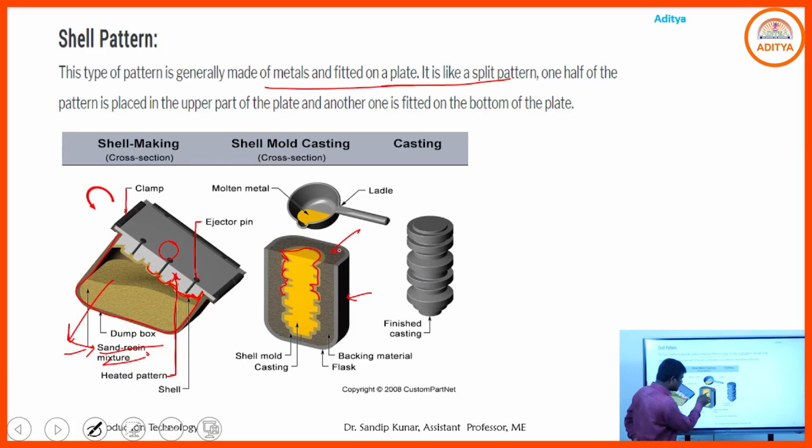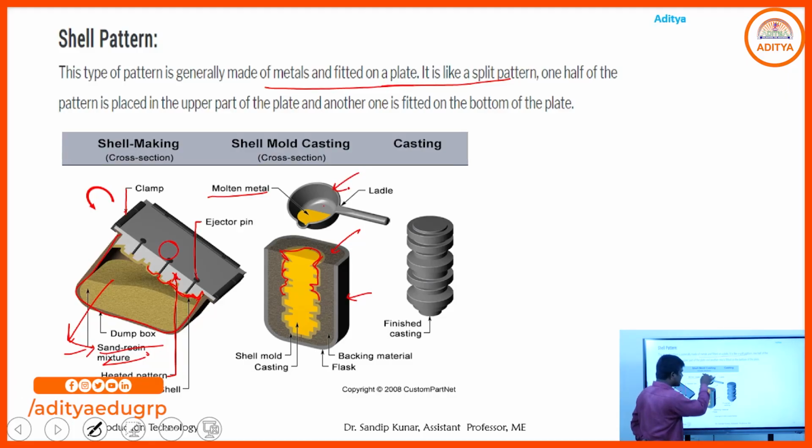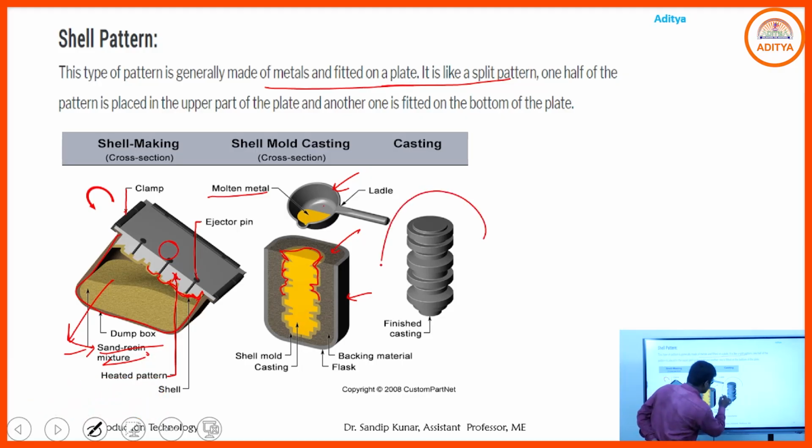After preparing that cavity, we pour the molten metal from the ladle. From that ladle we pour the molten metal, and finally that shape will be produced, the finished product.